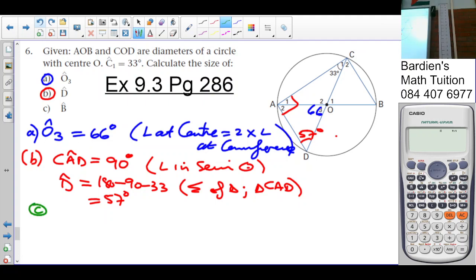Then angle B. Angle B we can do exactly the same as this here. So we're going to say that ACB is equal to 90. Now many of you wrote angle C is 90. You can't just write angle C is 90.